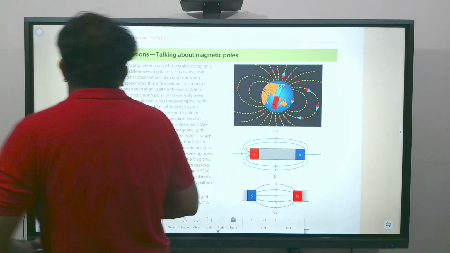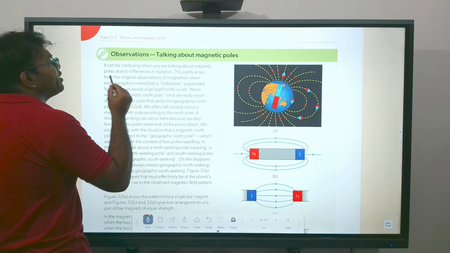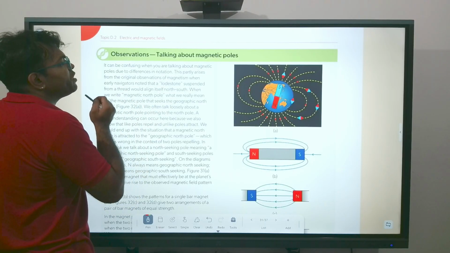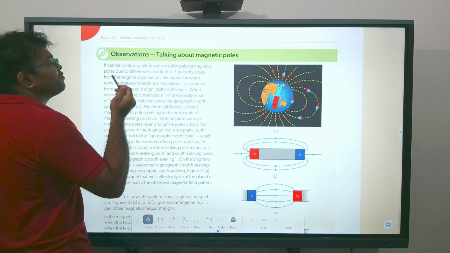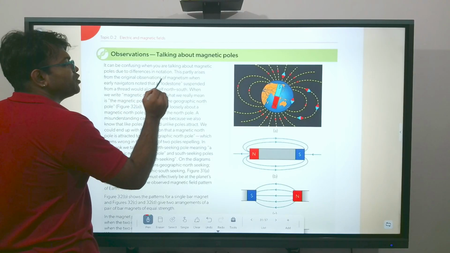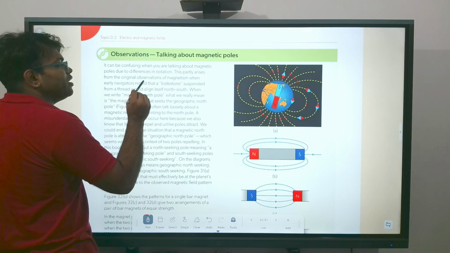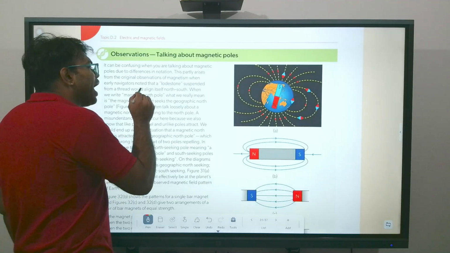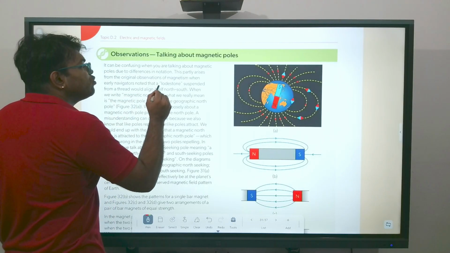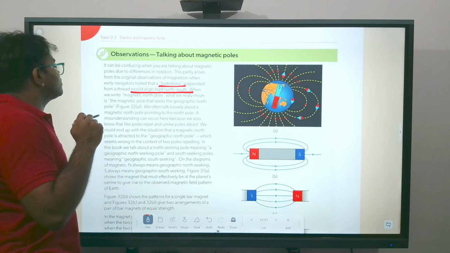It can be confusing when you are talking about magnetic poles due to the difference in the notation. This arises from the original observation of magnetism when early navigators noted that a lodestone suspended from a thread would align itself north-south.